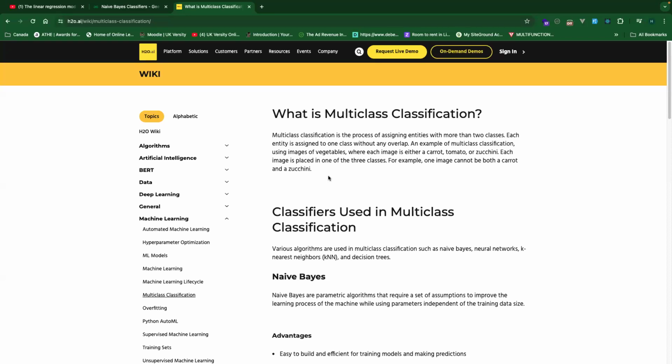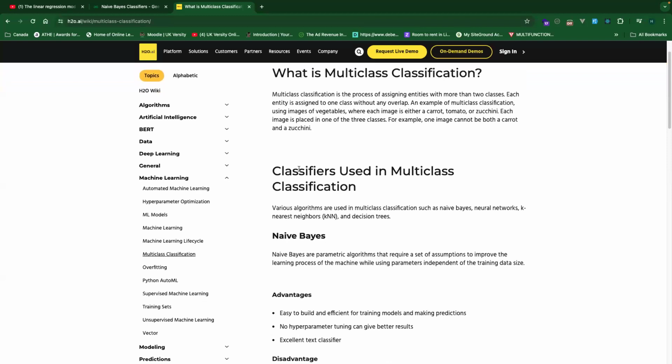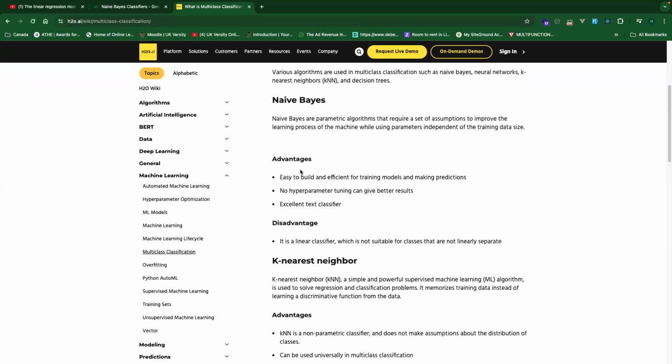Each entity is assigned to one class without any overlap. An example is multi-class classification using images of vegetables, where each image is either a carrot, tomato, or zucchini. Each image is placed in one of the three classes. Because it is multi-class, it has more than two classes. For example, one image cannot be both a carrot and a zucchini.